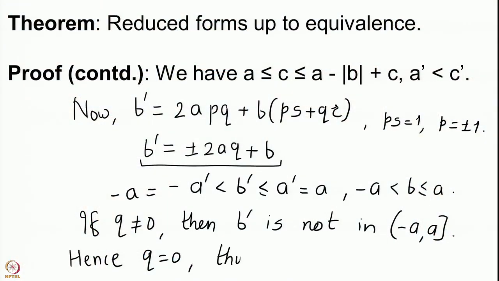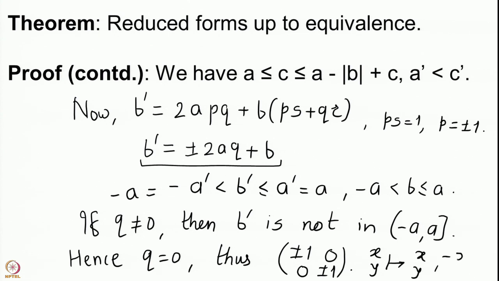Thus, our matrix becomes (plus minus 1, 0; 0, plus minus 1). So, the allowed changes are (x, y) can go to (x, y) or to (minus x, minus y), and then we check easily that after applying any of these two changes, the coefficients a, b, c are sent to the same coefficients a, b, c.